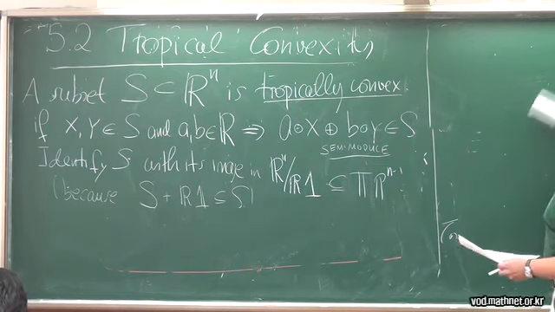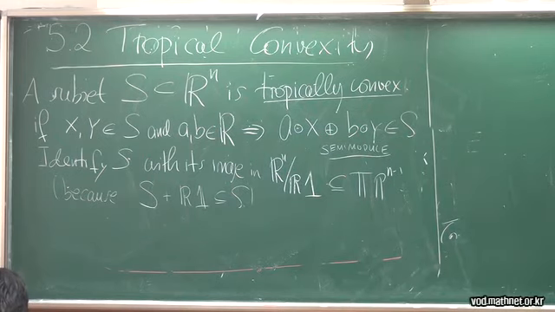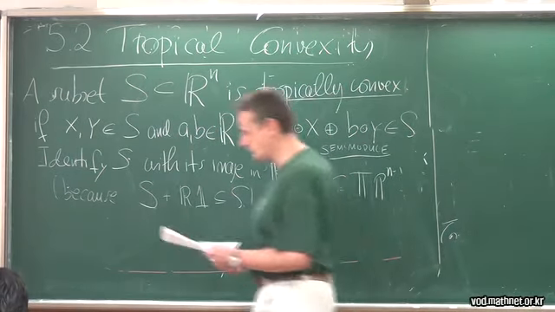And these we're going to call tropical polytopes. Okay? So a tropical polytope is the image of a matrix.